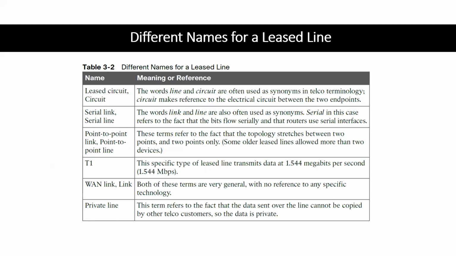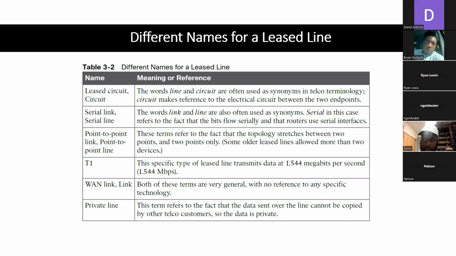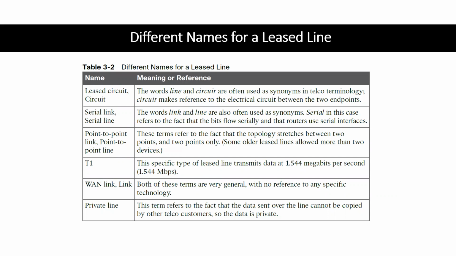In today's world, you will hear many people say different things, but they mean the same thing. This chart shows an example of that. There are different names for a lease line: lease circuit or circuit, serial link or serial line, point-to-point link, T1, WAN link, or private line.